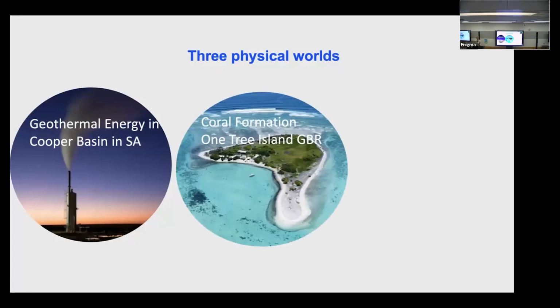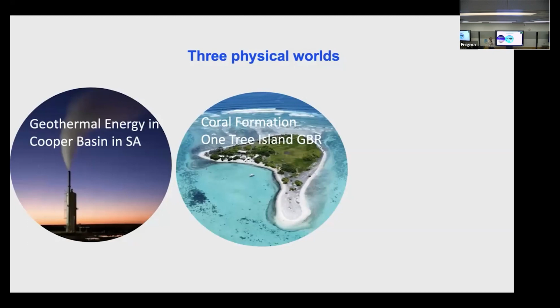The second example, you get the gist, they're all Australian. That's the Great Barrier Reef. Another area of research is how climate, weather and man-made industries, particularly around the Great Barrier Reef, affect coral formation.